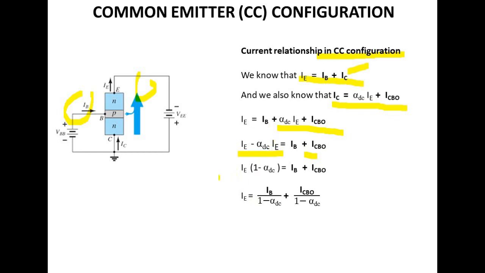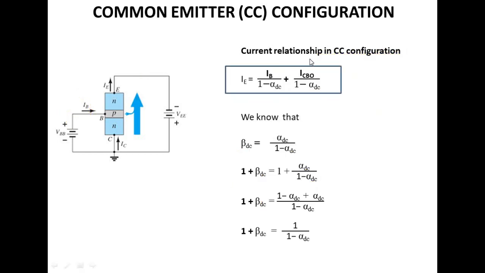IE is common, so we take it as common. We get IE into 1 minus alpha DC is equal to IB plus ICBO. So IE will be equal to IB upon 1 minus alpha DC plus ICBO upon 1 minus alpha DC. So we have arrived at the relationship between the output current and input current.